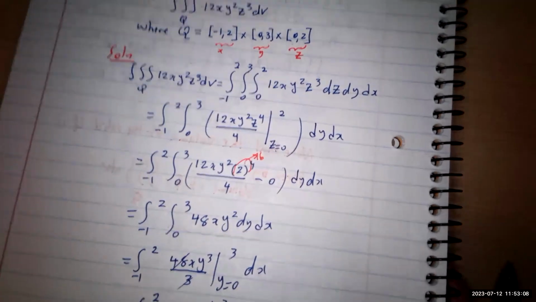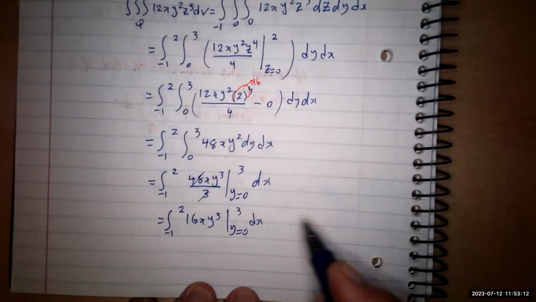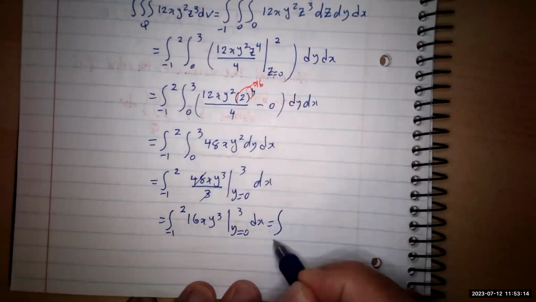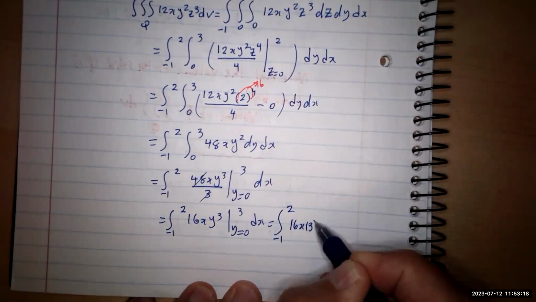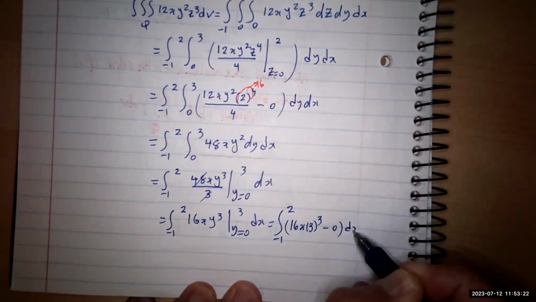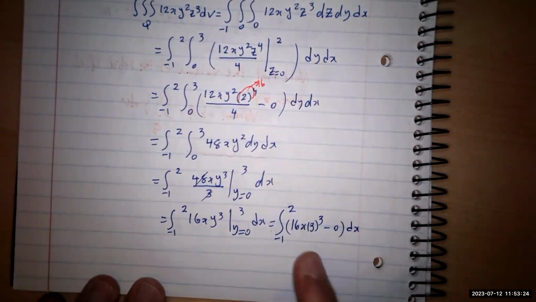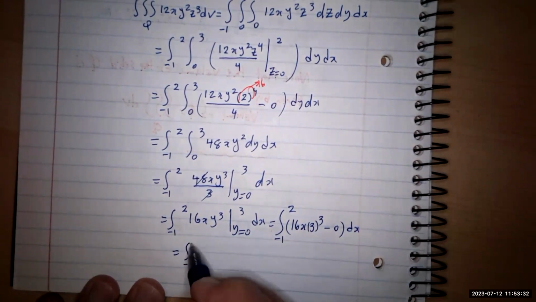If you substitute 3, we're going to get 16x times 3 cubed minus 0, then the dx. 3 cubed would be 27, times 16.